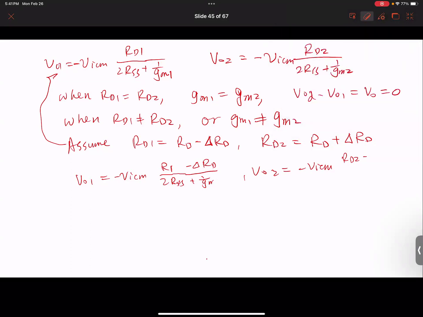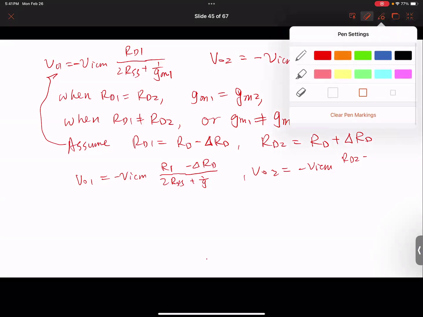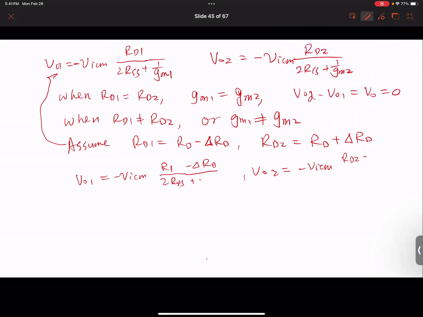So we do one by one. The very first time, we assume RD1 and RD2 have a small difference, and next we'll analyze if there's a difference between the GMs.